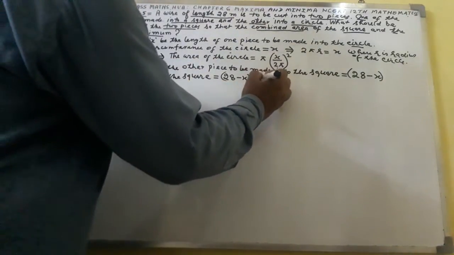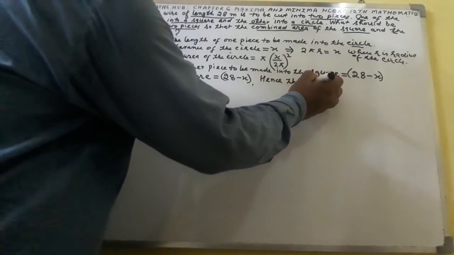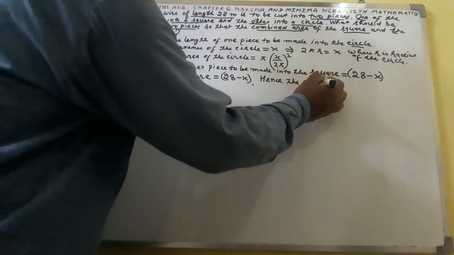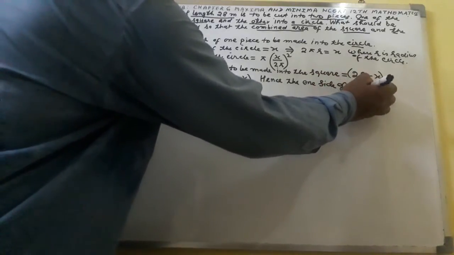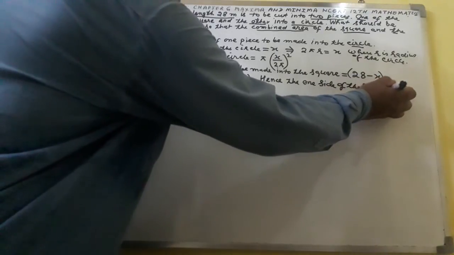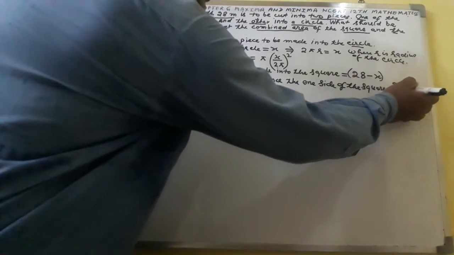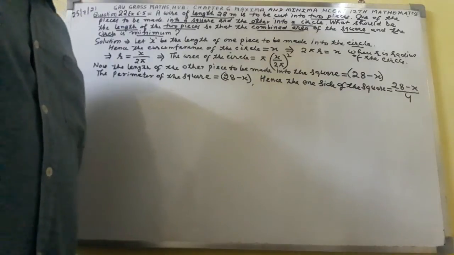Hence, one side of the square is equal to 28 minus x whole over 4.